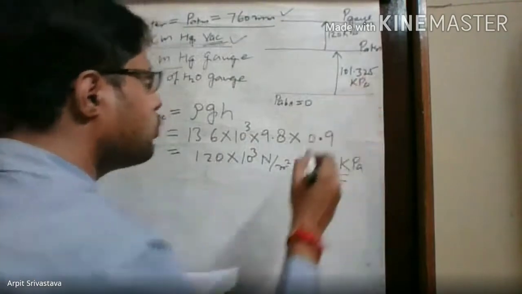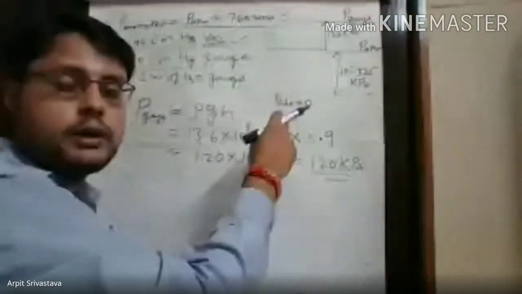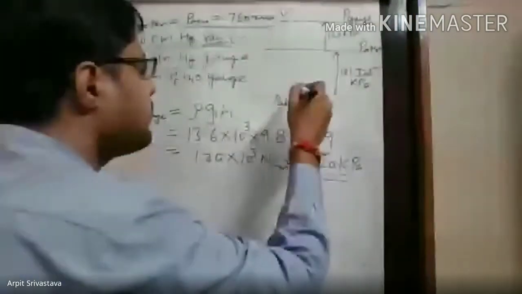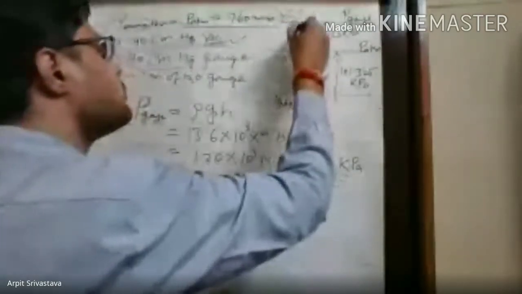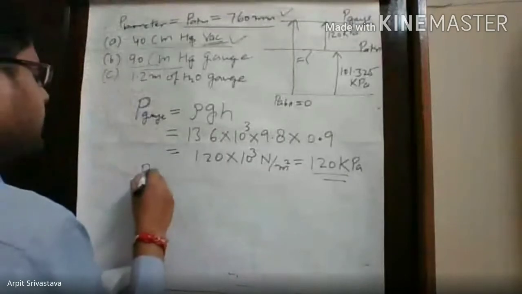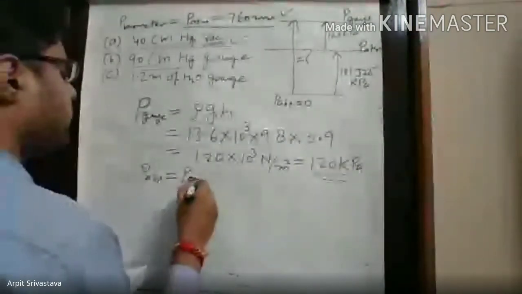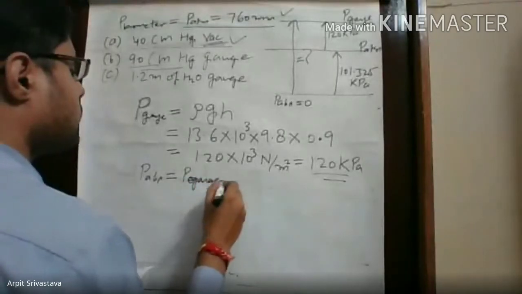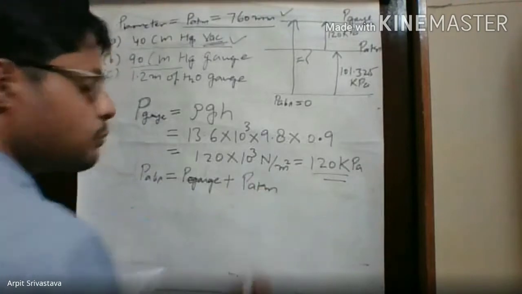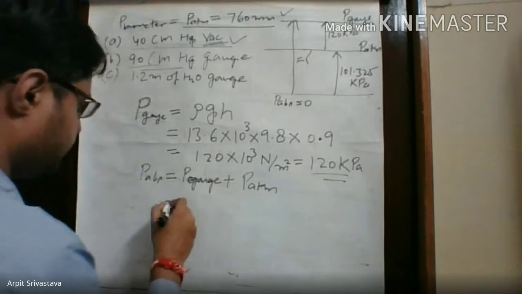Since we want to calculate absolute pressure, P absolute is equal to P gauge plus P atmospheric.